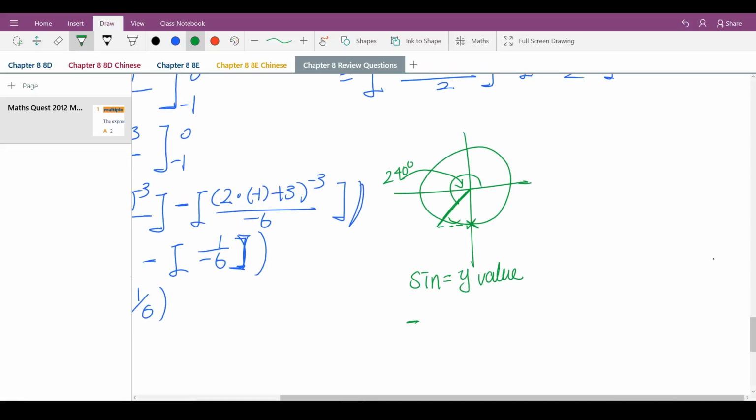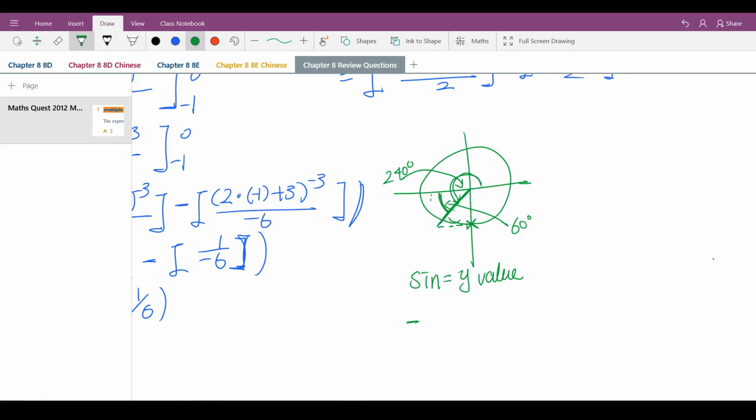Which angle is it? If from all the way here is 240, that means this bit is how much? 240 minus 180, 60. So this bit is 60.